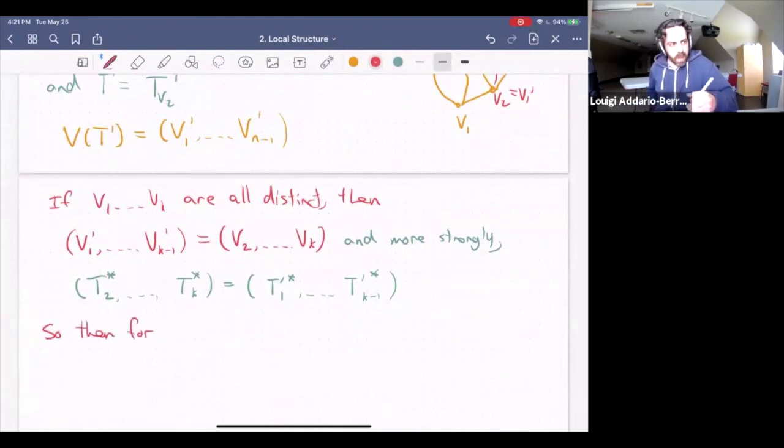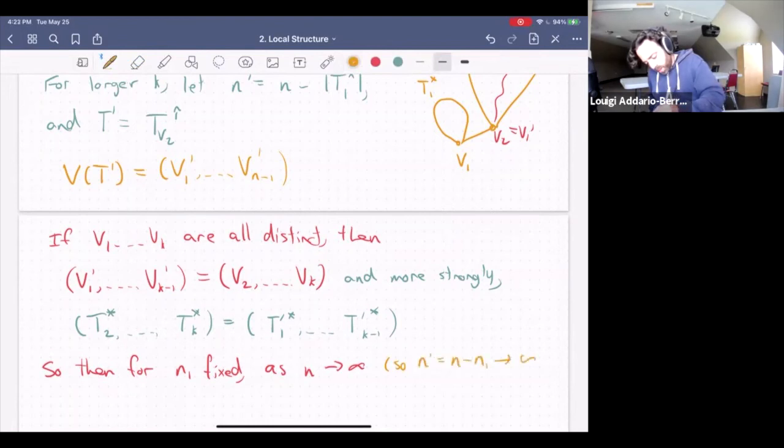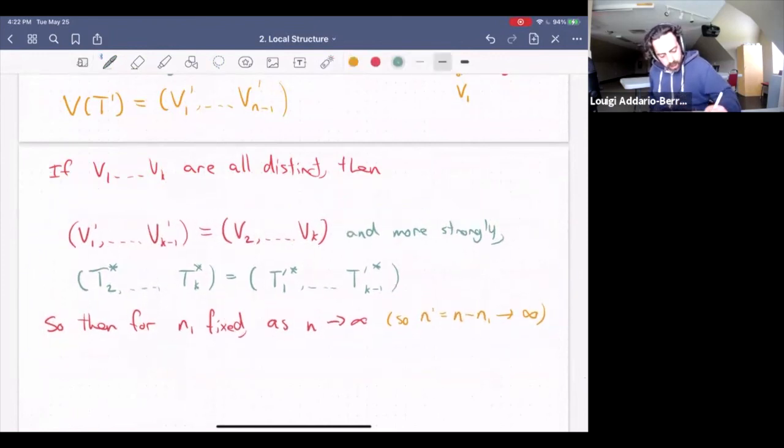Okay, and so if we imagine that this subtree here had some fixed size n1, and we let n tend to infinity, that also means that the size of n prime, which is n minus n1, tends to infinity. Okay, then I said that all this happens provided that V1 up to Vk are all distinct.